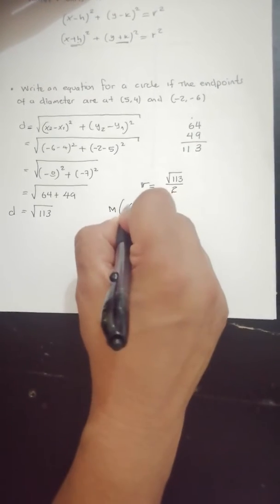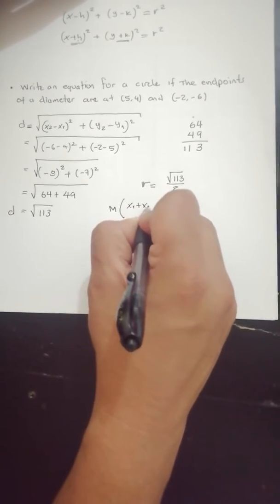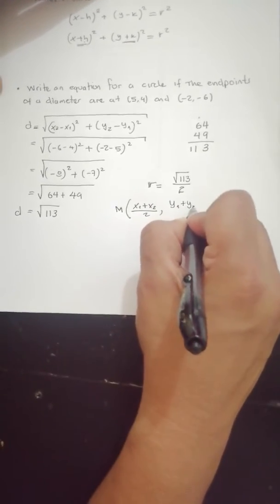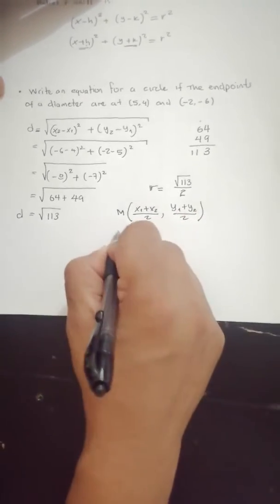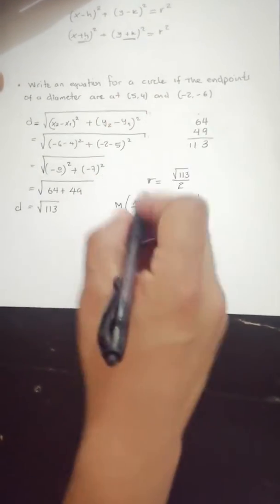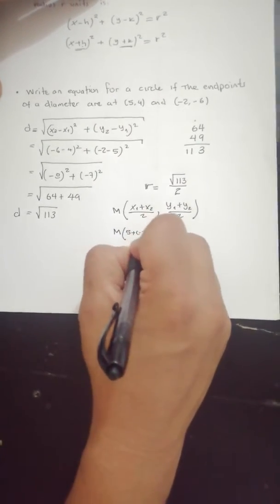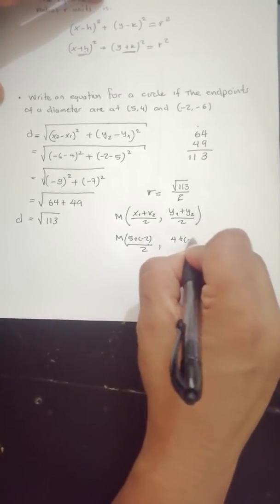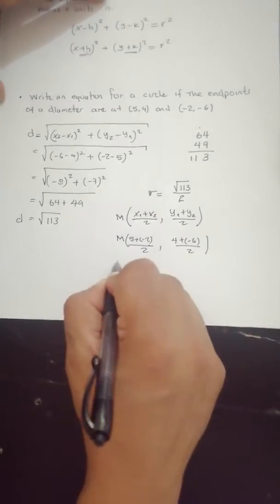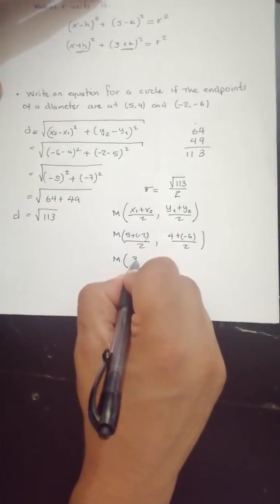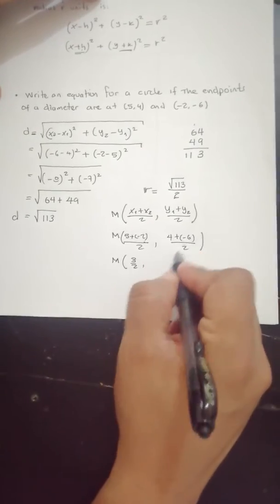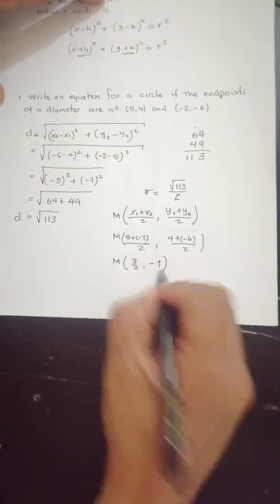So the midpoint is x sub 1 plus x sub 2 divided by 2, and y sub 1 plus y sub 2 divided by 2. So the midpoint will be 5 plus negative 2 divided by 2, and 4 plus 6 divided by 2. So the midpoint in this case will be 3 halves for x, and for y that will be 10 divided by 2, which is 5.